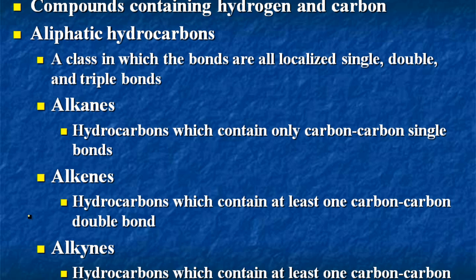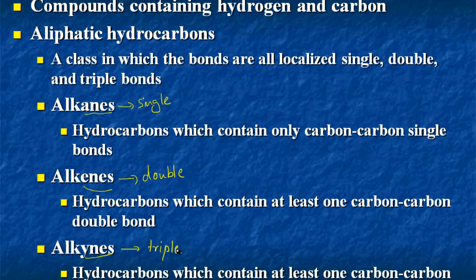So remember the endings: anes, enes and ynes. Okay? So anes means only single bonds, enes at least one double bond. It can have more than one double bond, no problem, but it should have at least one double bond. And ynes means at least one triple bond. Can have more than one, but it should have at least one triple bond.